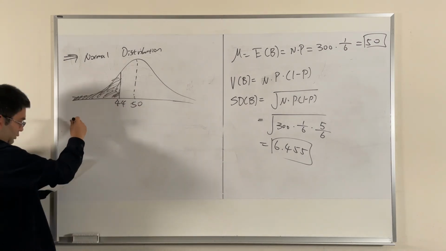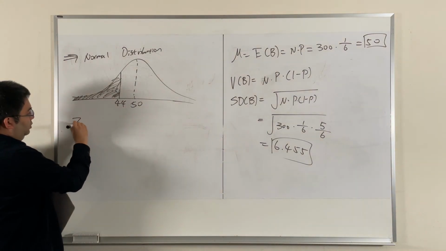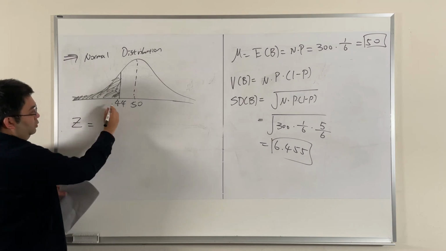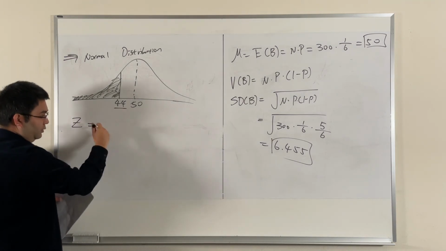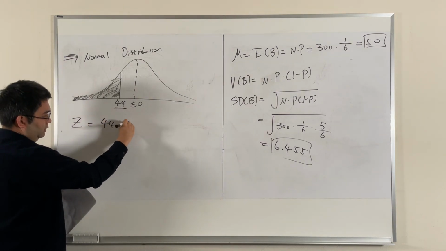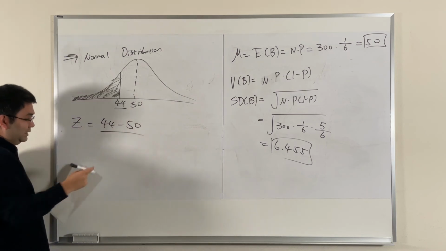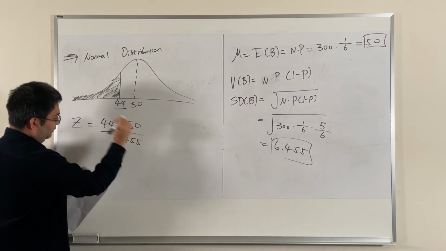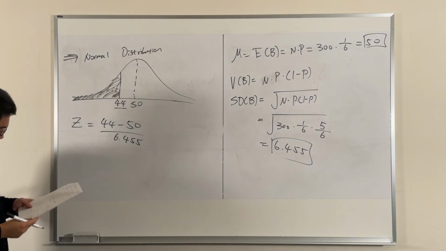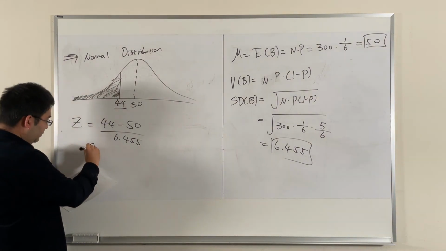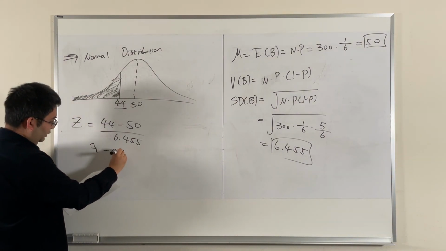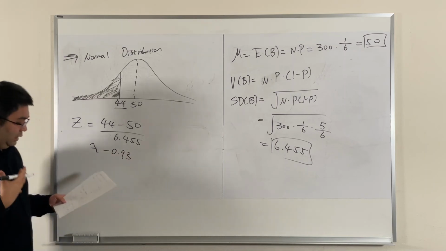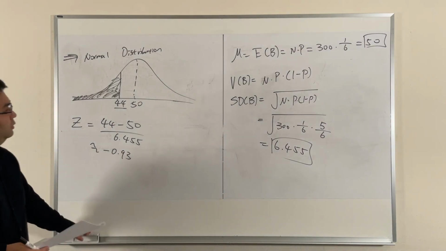The z-score equals the original value 44, subtract the mean, and divide by the standard deviation 6.455, and this equals approximately negative 0.93.